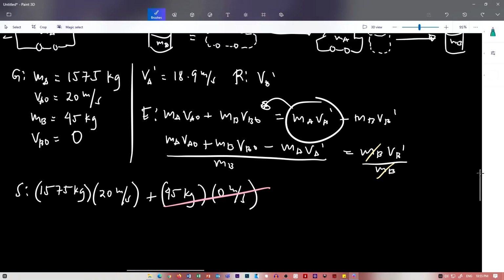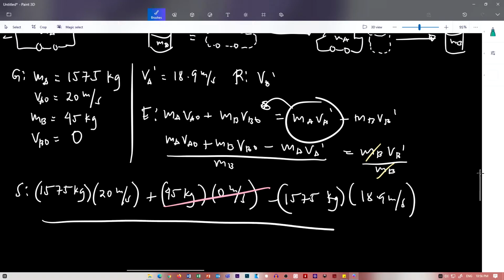Then you have minus, okay, m sub a. So this is 1575 kilograms multiplied by, what's our v sub a prime? 18.9 meter per second. There. So this is all divided by, what's that? M sub b, which is 45.